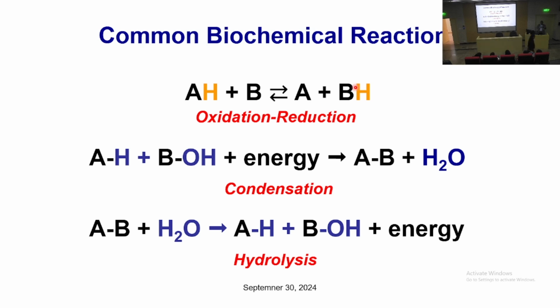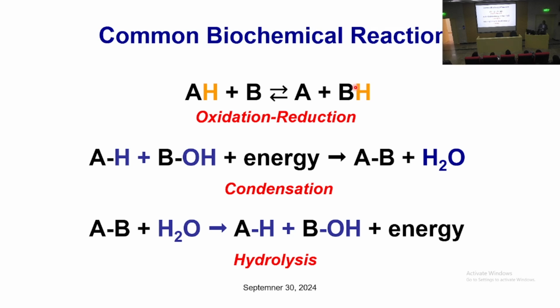And it is reversible, so it can go in this direction and it can go back. One of the main characteristics of oxidation reduction reactions is that they are reversible.